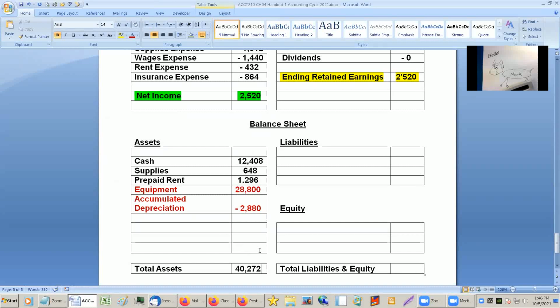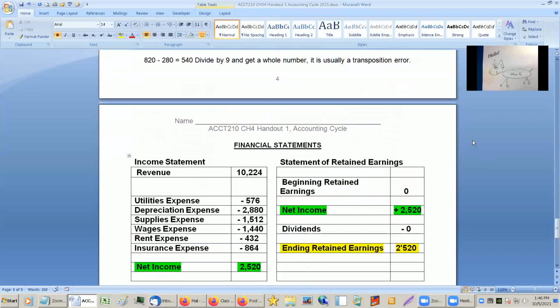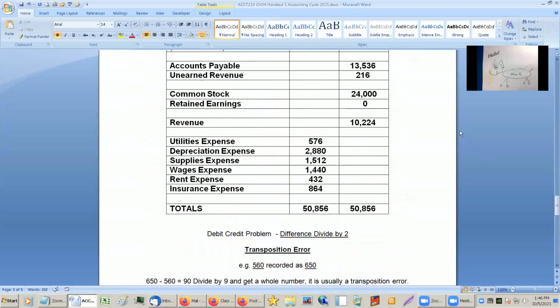And again, you may want to check that to make sure that I'm not putting stupid things up. I've got the same. Same, okay. Liabilities. We have accounts payable and unearned revenue.